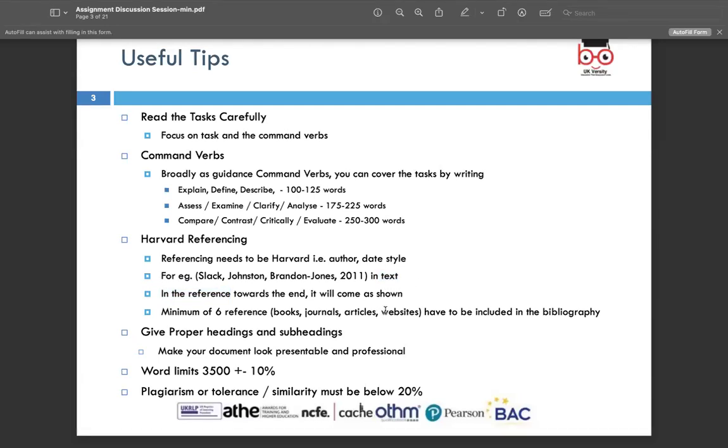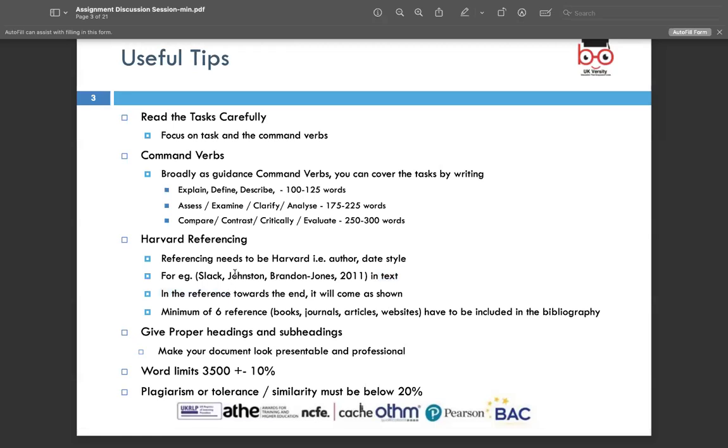This is the complete style of references. Use proper headings and subheadings. Make sure your documents look professional and presentable. Ensure the word limit is around 3,500 plus 10%.